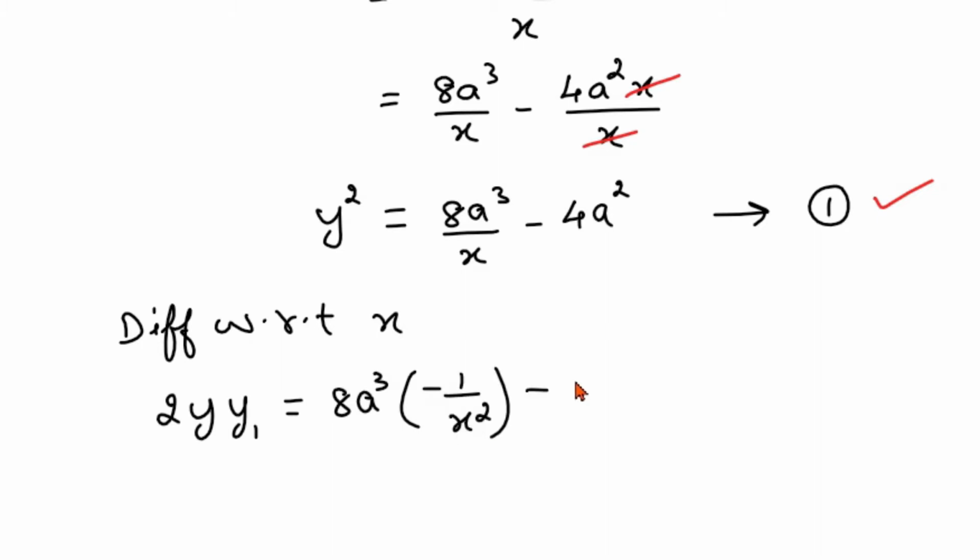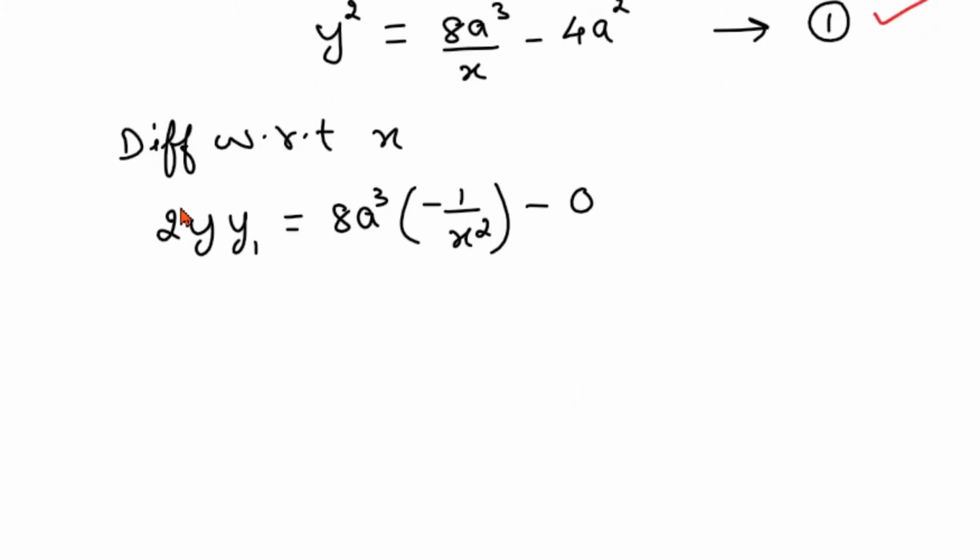Minus 4a square is a constant, so its derivative will be 0. You can cancel 2 on both sides, and we get y1 equal to minus 4a cube divided by x square. Cross multiplying, y comes into the denominator. So the y1 value is minus 4a cube by x square y.